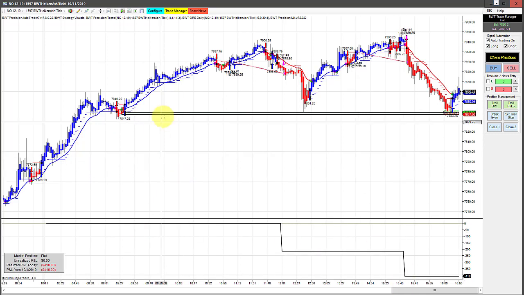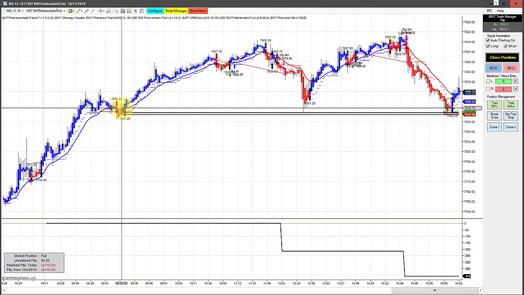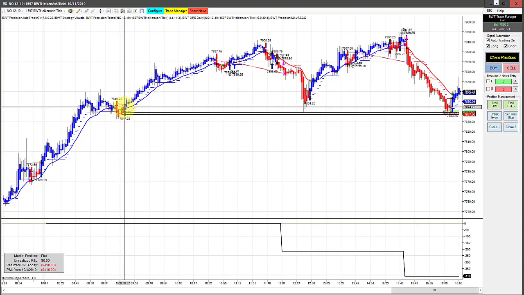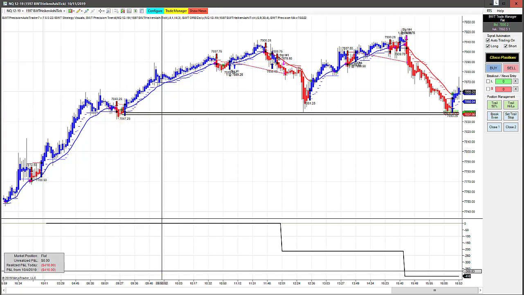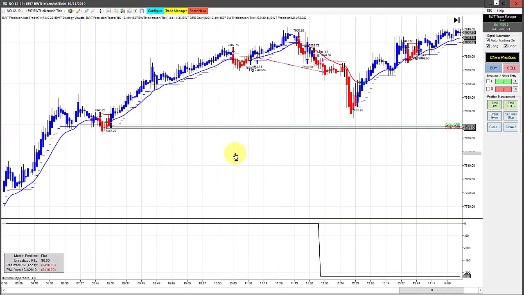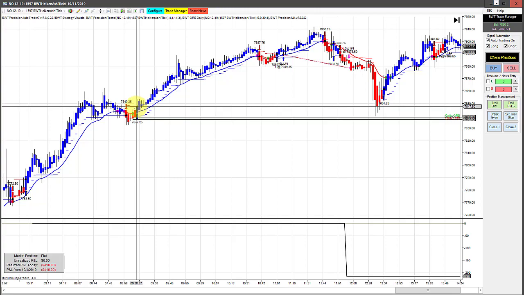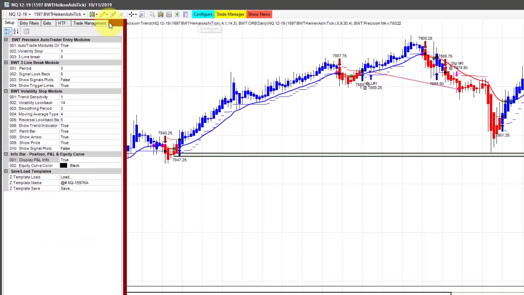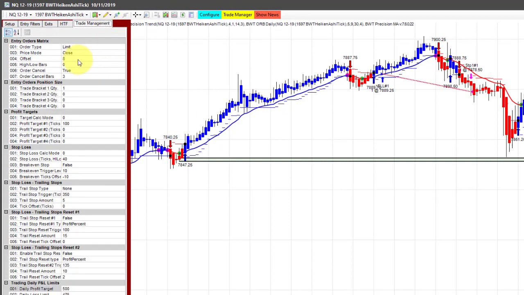You would have let the auto trader trade long right above this open here. Now I suspect what happened here is we did not get filled on our limit order because I have an 8-tick pullback on this chart.